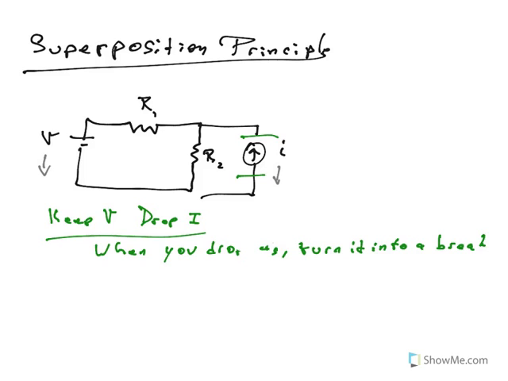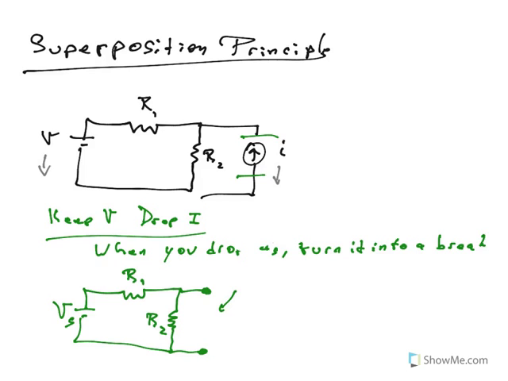So, if I were to do this, it would now look like this. The voltage source is still there, R1 is still there, R2 is still there. Here's R1, here's R2, here's my voltage source. And now where I had the current source, I have a little break where it went. That's where the current source was. There's now a break in my circuit there.